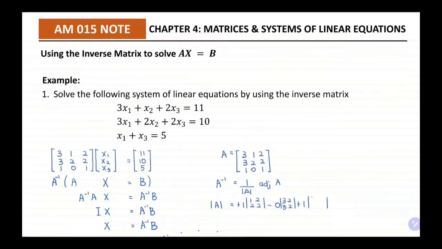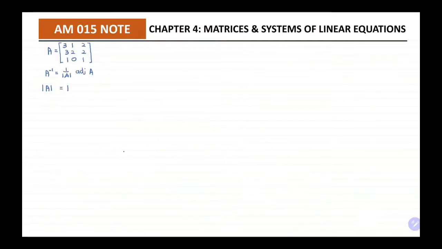We close number 1, 3, 1, 3, 2. Then we solve. To solve the minor, we use AD minus BC. So 2 minus 4 minus 0 plus 6 minus 3. Then we solve, we get negative 2 plus 3, so equals to 1. So our determinant is 1.